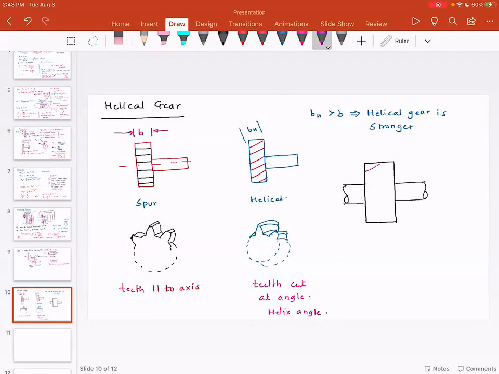There is something called the normal pitch, and there is something called the axial pitch. This is Pn, which is the normal pitch, and then you have the axial pitch, and I will show you what an axial pitch is. This is the axial pitch.